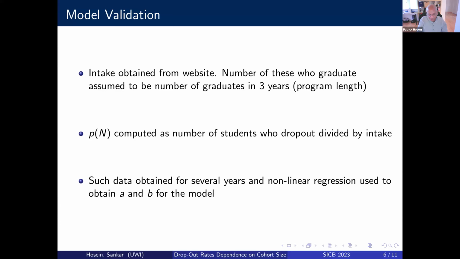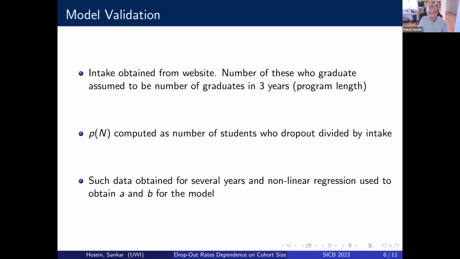Some students take 3 years, some take 4 years, etc. So we just assumed that all students graduated after 3 years, which is not entirely correct, but it's an assumption we had to make. With more detailed data, we could do a better job.